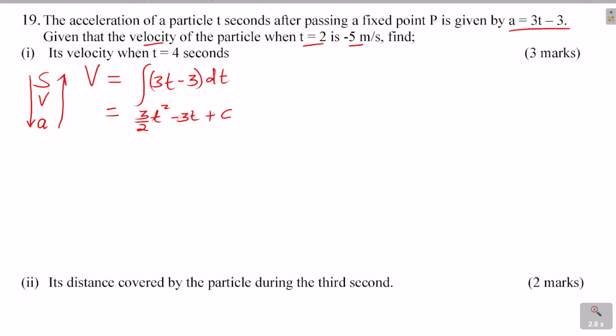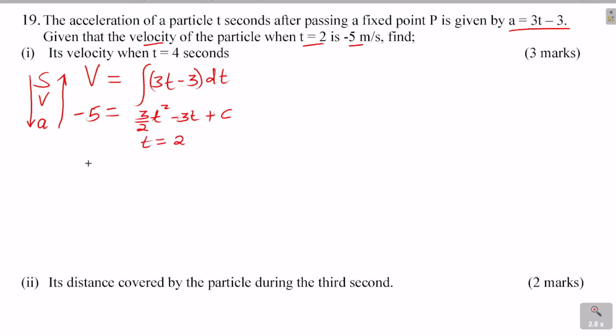That is the expression for velocity. Now, the velocity of this particle is -5 when t = 2.